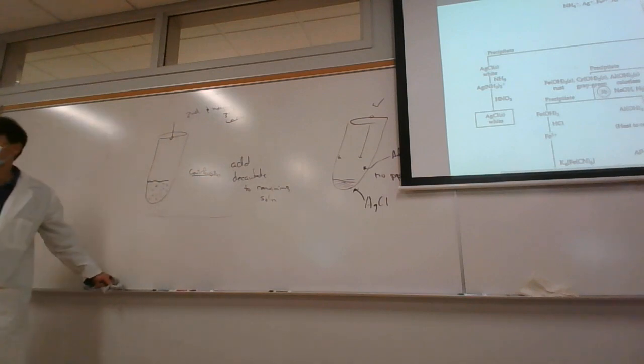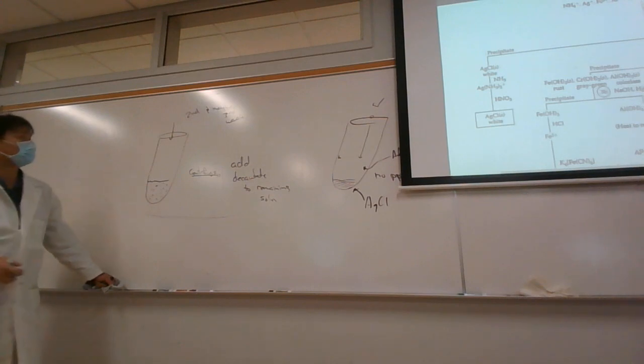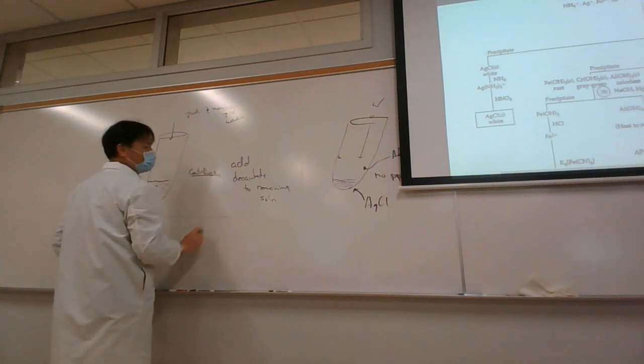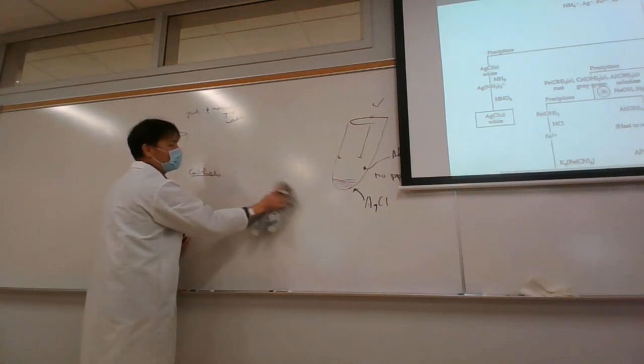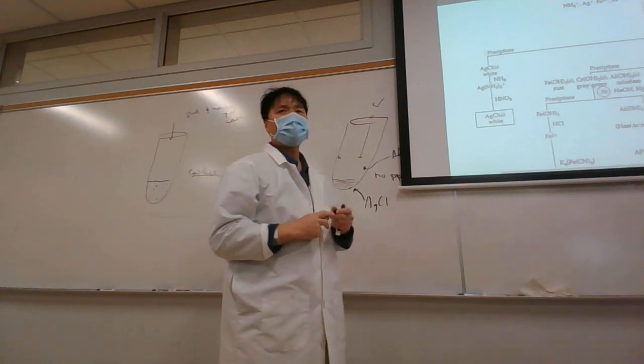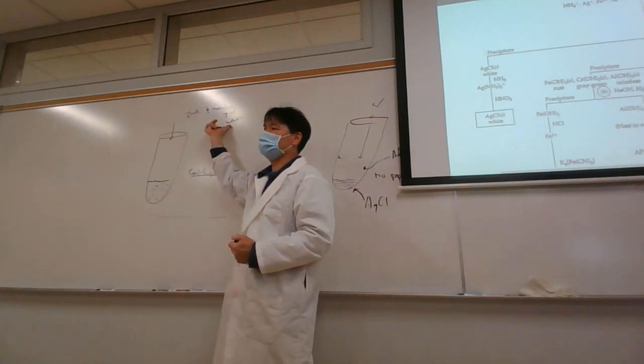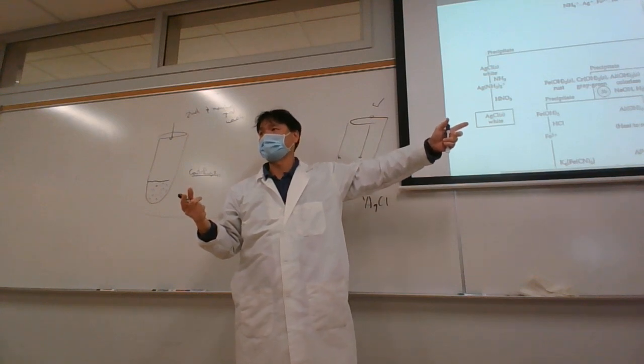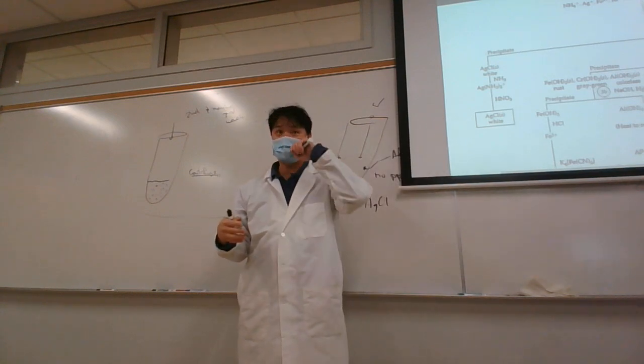Here I could use more than 10 drops because you know what I'm going to do with the wash? I'm going to discard it. And so second, maybe third wash, centrifuge, and discard the wash. Even though there might be trace amounts of ions in here, we don't want to add that over there because it's going to dilute it too much. And if it's too dilute, it's hard to detect.